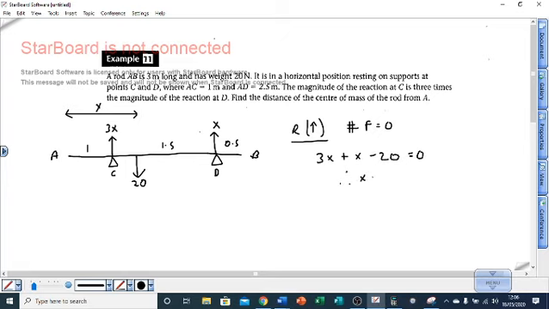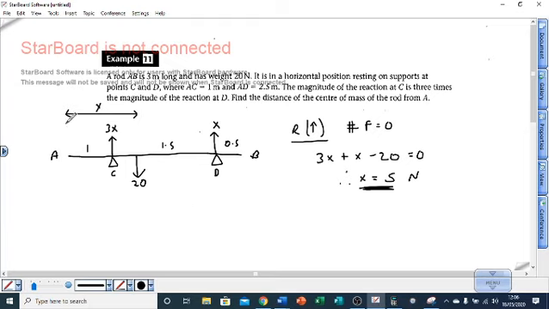Therefore x is equal to 20 divided by 4, which is 5 newtons. Okay, right. So anyway, I've got that. So this is going to be 15 newtons. This is going to be 5 newtons.